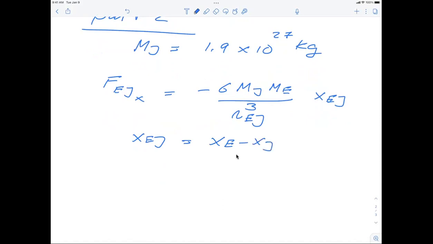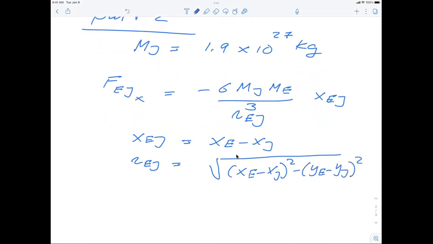You just have to be careful with the way you define these distances, because that has importance for the way the coordinates and the forces come out in your code. If you stay in 2 dimensions, this is given by (x_J minus x_E) squared plus (y_E minus y_J) squared. You can run this in 3 dimensions, as we discussed on Wednesday.